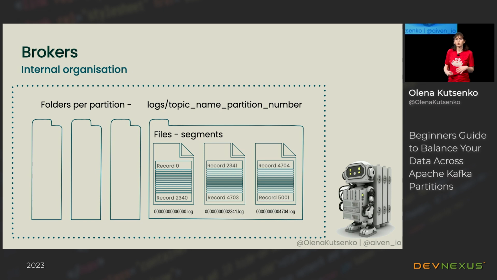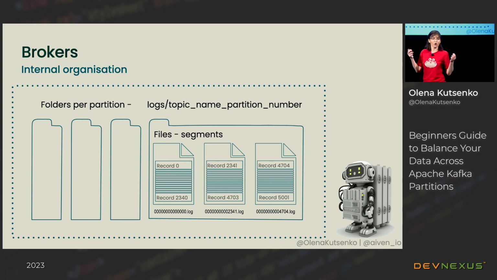But once you have not one hot partition, but more, the broker becomes slower, writing the data slower, worsening all the performance metrics which we have. And this affects not only our hot partitions, but sadly, it affects all the partitions and all the replicas which we have on that broker, which is totally not good.